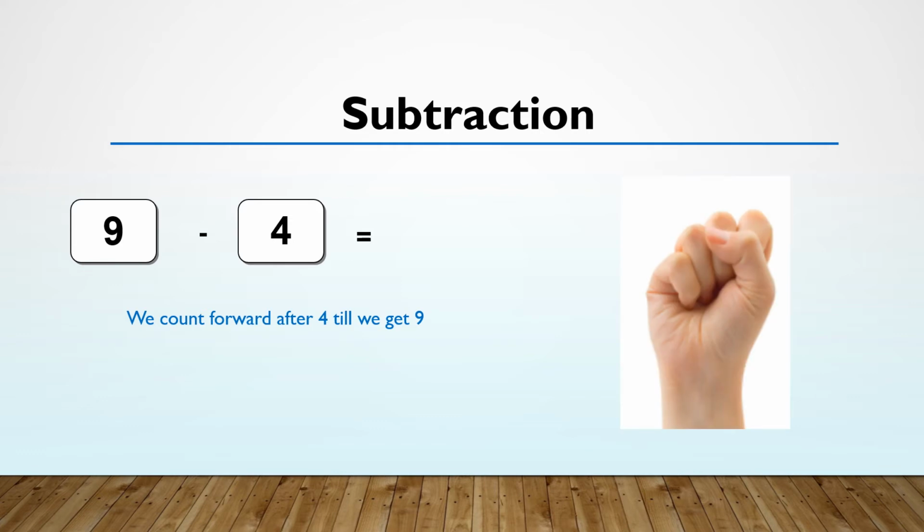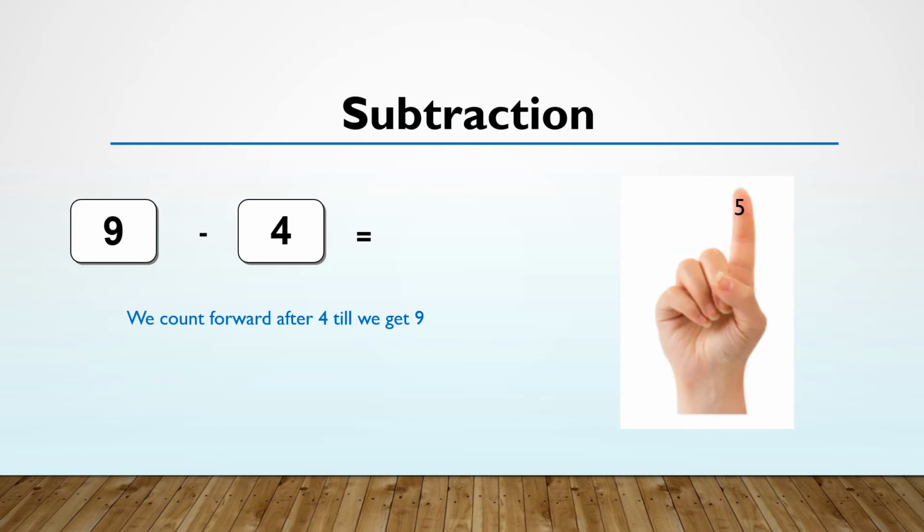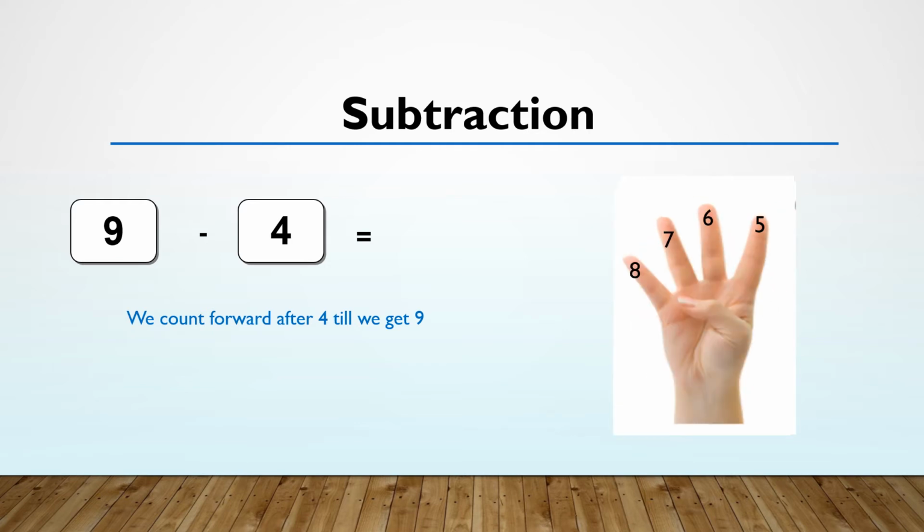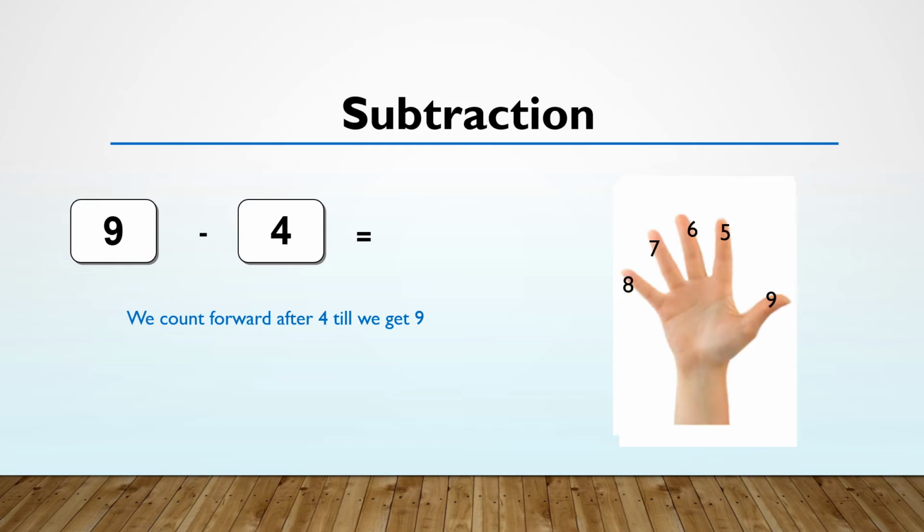To do so, we have to make a fist, and as we count forward, we have to open our fingers one by one. Now, let's count forward after 4. 5, 6, 7, 8, and 9.